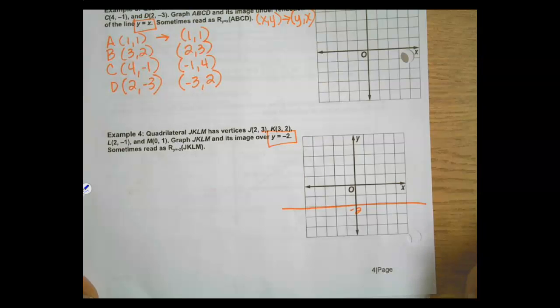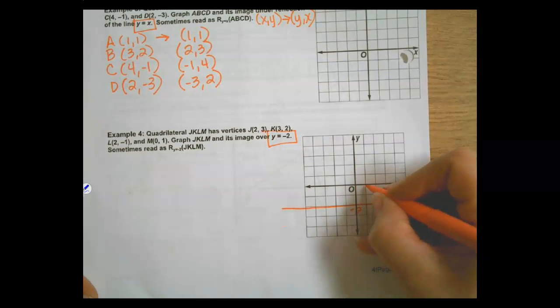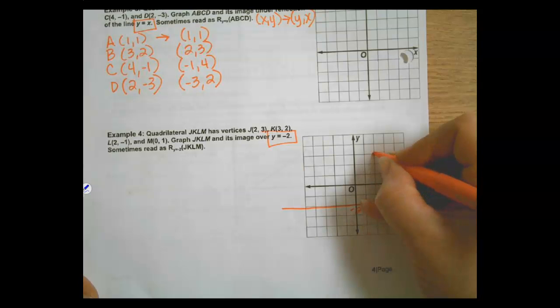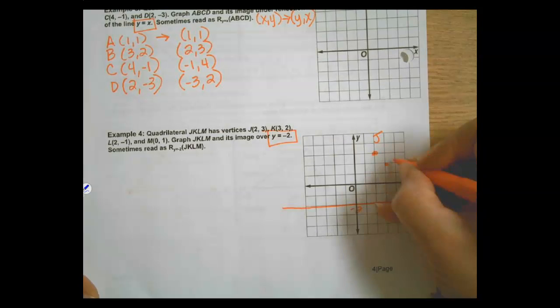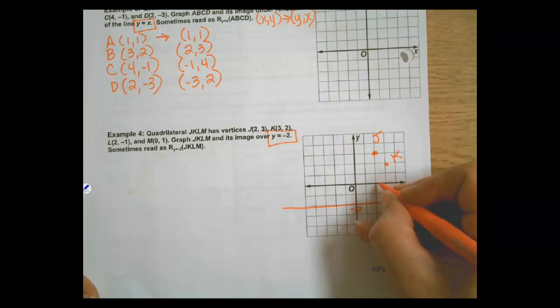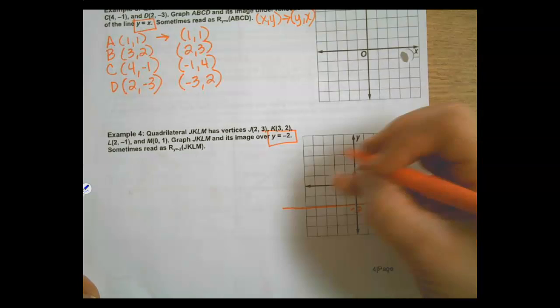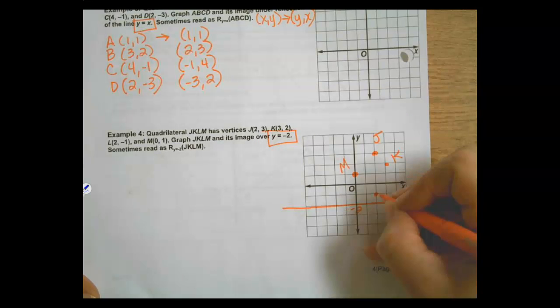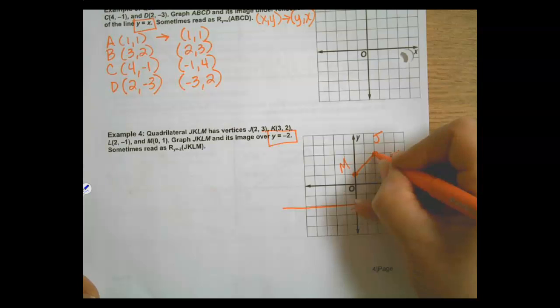So my original, let's see, J is 2, 3. Okay, so for my L, I know it's going to be L prime here because it's the same distance here.